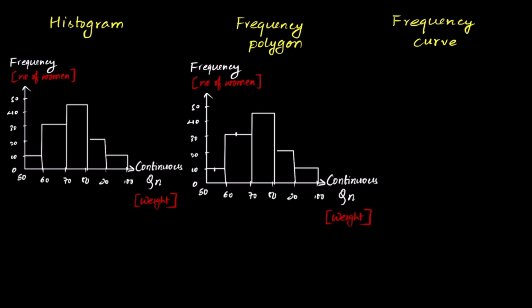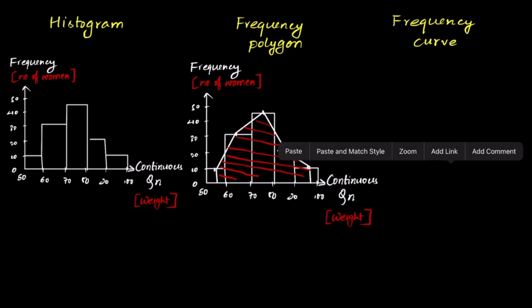Connect each of these midpoints with the help of straight lines. Draw perpendicular lines from the first midpoint as well as the last midpoint in order to close the given diagram. This closed polygon that you get is what you call a frequency polygon.